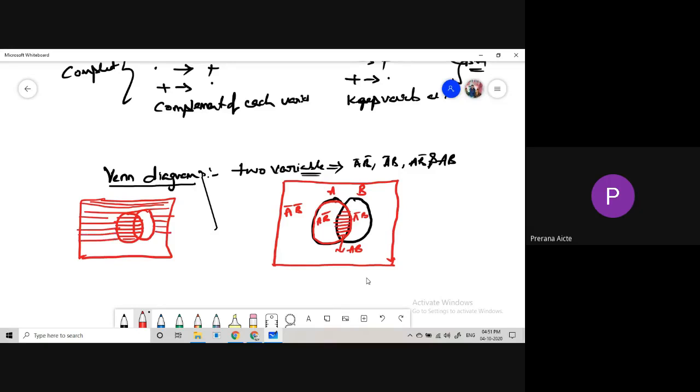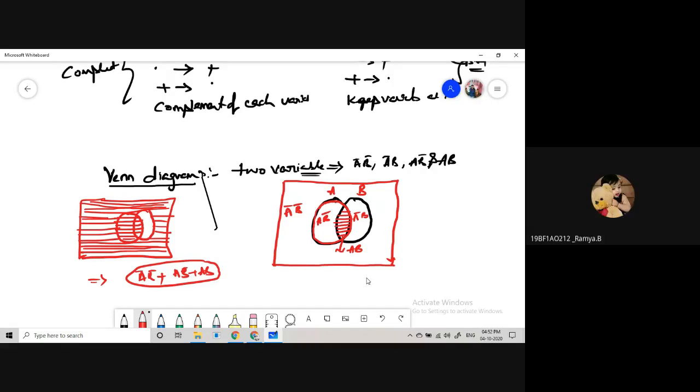Simply the shaded part will be the Boolean expression, right? Here the shaded expression is A bar B bar plus A B bar plus A B. So this one is the expression for this Venn diagram, okay?